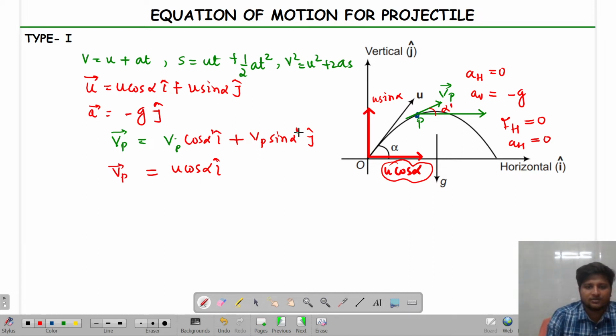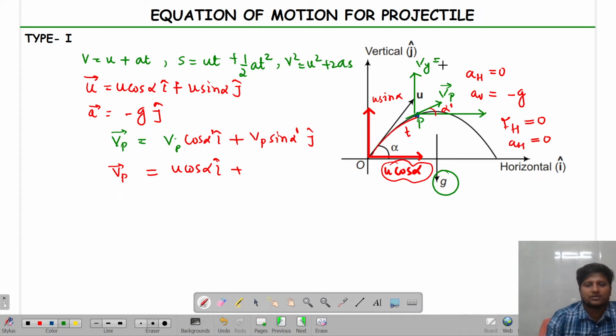This is a different angle. Now look over here. Plus, for the sine component, what is going to happen? Since the particle has traveled from here to here in some time t, some velocity along the vertical would have got reduced. Why? Because there is an acceleration, a retardation, present in the vertical direction. What will be the velocity along y?